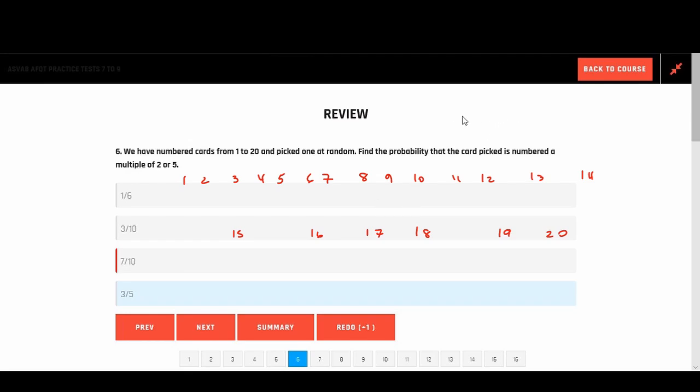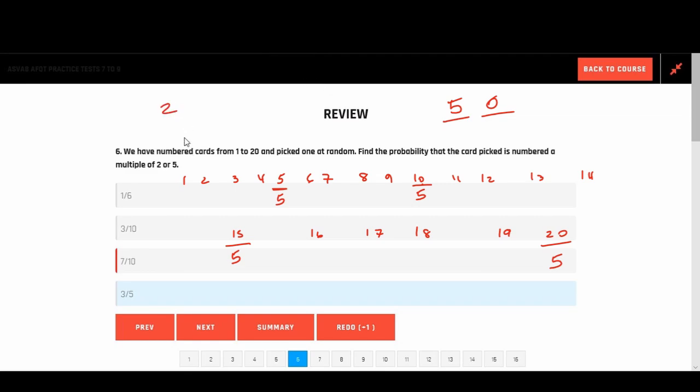Well, it's easy to figure out what's a multiple of 5. Anything that's a multiple of 5 is going to end in a 5 or a 0. We know 5 is a multiple of 5. 10 ends in 0, so that's also a multiple of 5. 15 ends in 5, so that's also a multiple of 5. And 20 ends in 0, so we know that's also a multiple of 5.